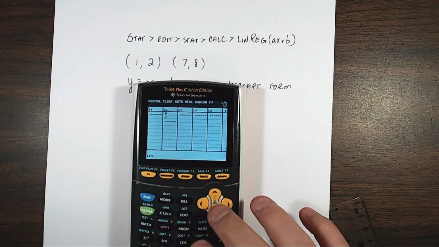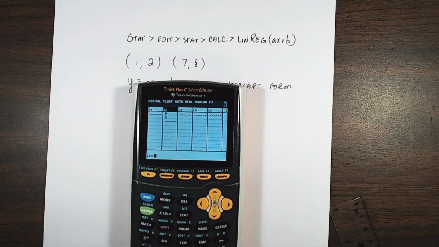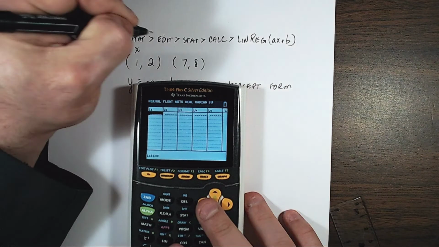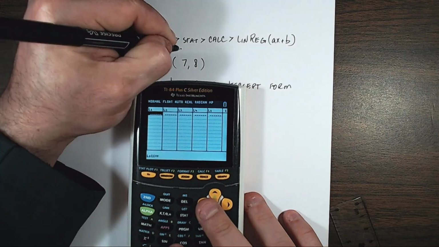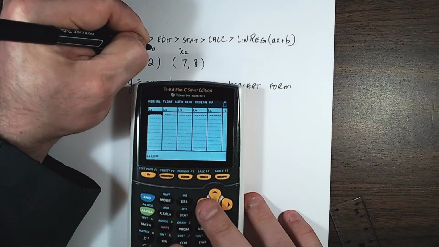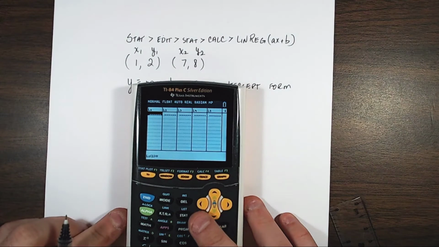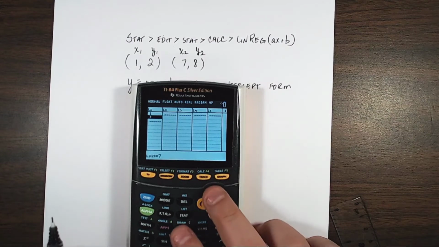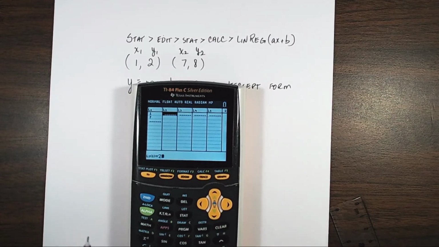Don't delete the lists, clear the lists. And for L1, we're going to put our x values. This is x1, this is x2, y1, y2. We're going to put our x and y values. So for L1, we put the x values. That's 1 and 7. And for the y values, we're going to put 2 and 8.